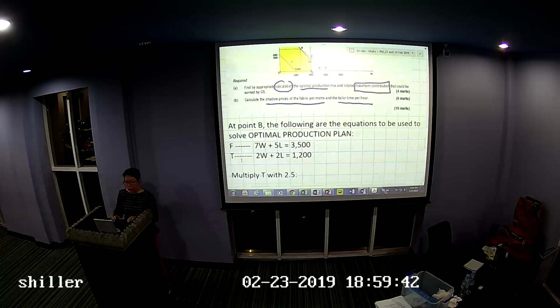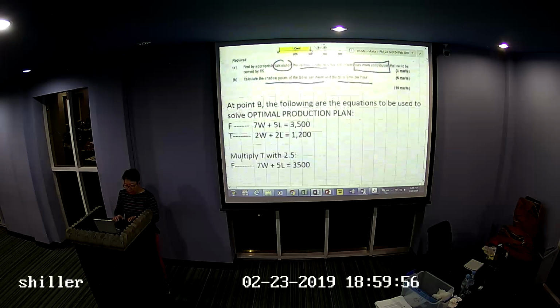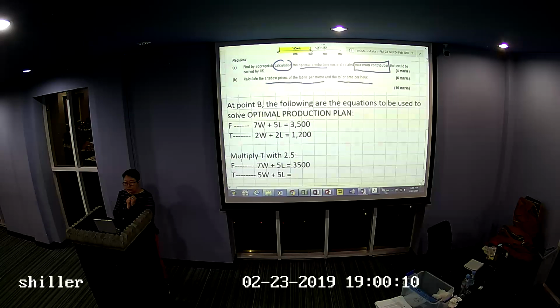Okay. So, what will happen? If I multiply that, F will still remain the same. 7W plus 5L equals 3,500. Agree? Then T will become what? 5W. So it will be 5W because you multiply by 2.5, plus 5L equals 3,000.